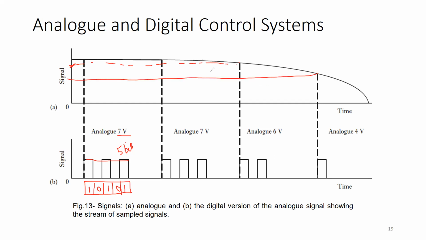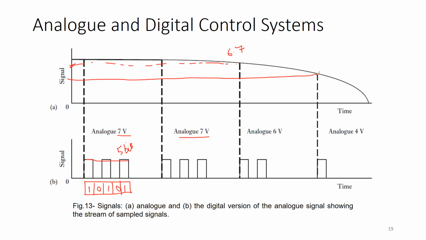So these lines may be a little bit up and down. They are not completely straight lines, but we are just trying to understand it. So the digital system works like this. You cannot have any 6.7 value over here, so it will round it off to 7 volt. So again it produces the same signal.